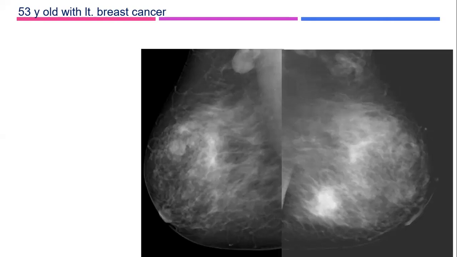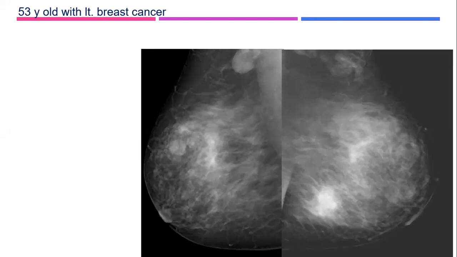The clear one is rounded, circumscribed, with I think the same density as the breast, equal density.